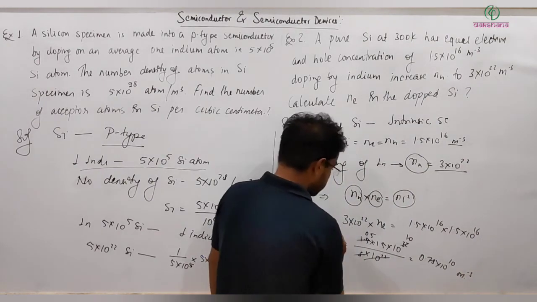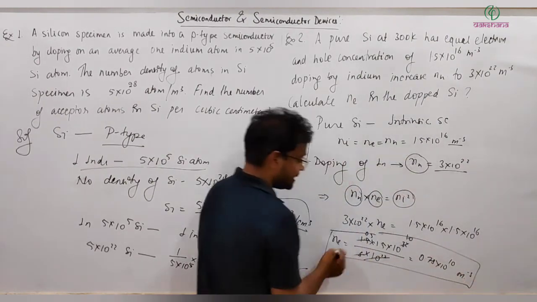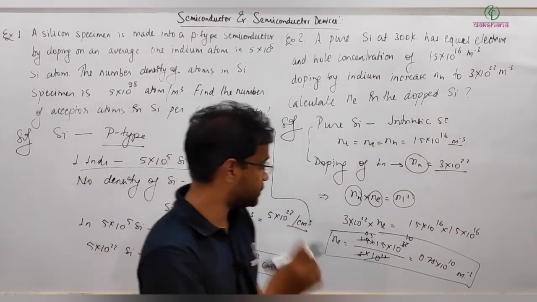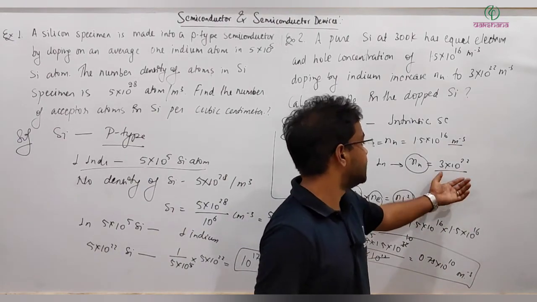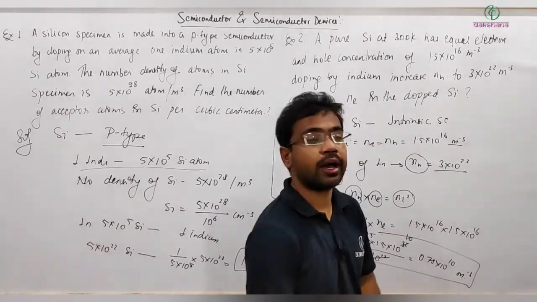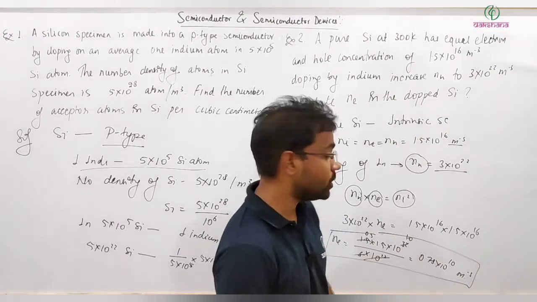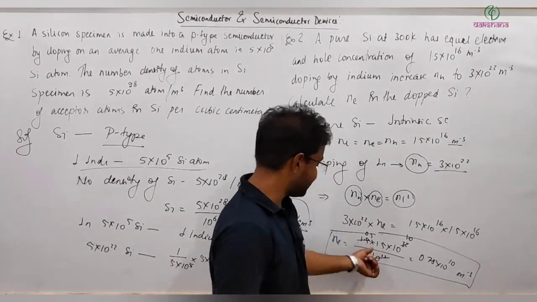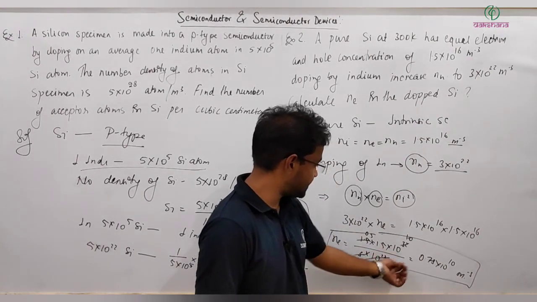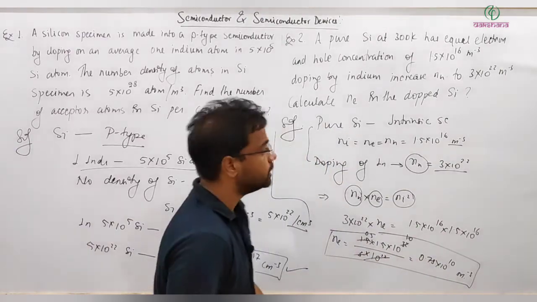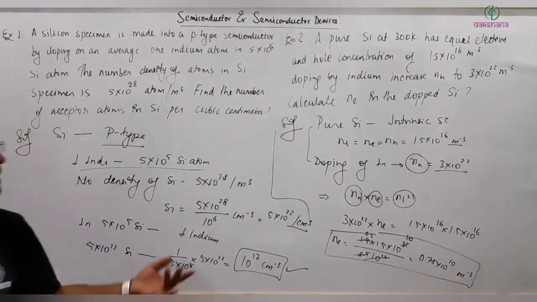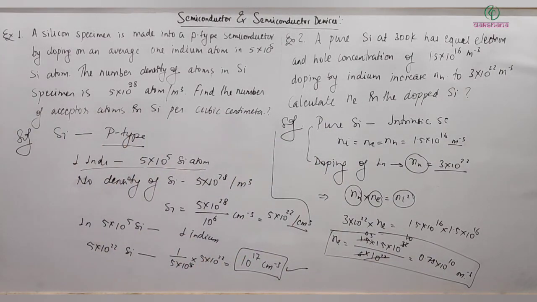This is the number density of electron charge carriers in the p-type semiconductor. So you can see it's much smaller than the number of indium atoms or holes. So you can easily check, yes, that's right. So calculation you can check it. I hope you can easily solve this type of problems.